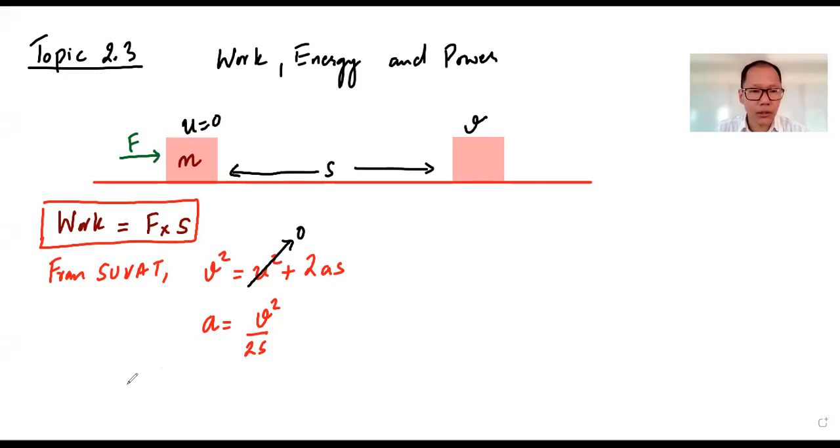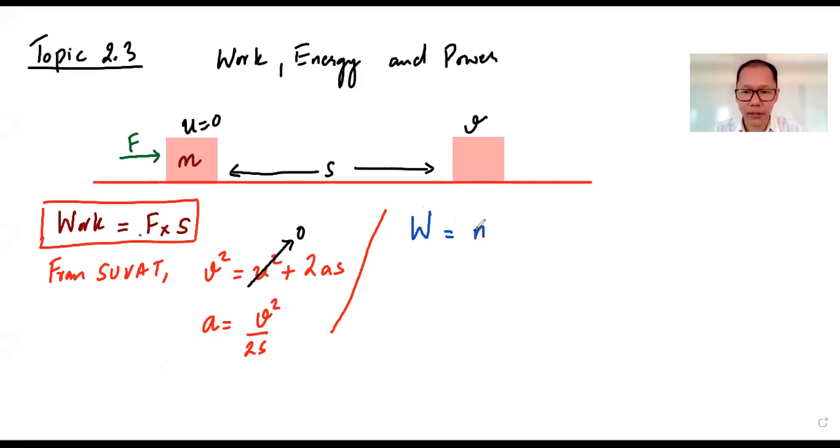Now from the definition of the work, we know that work is force times the displacement, right? So what I will do now is substitute this a in the definition of the work. Because force is defined as mass times acceleration, instead of force here, I can write ma, right?